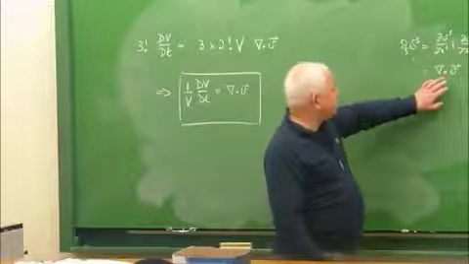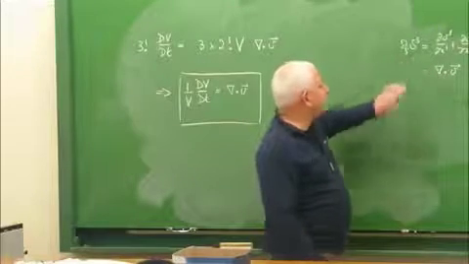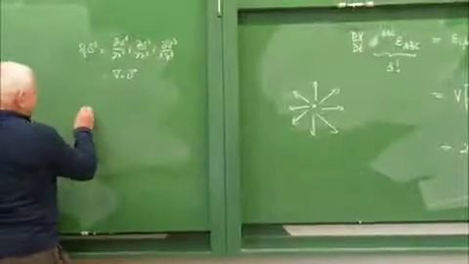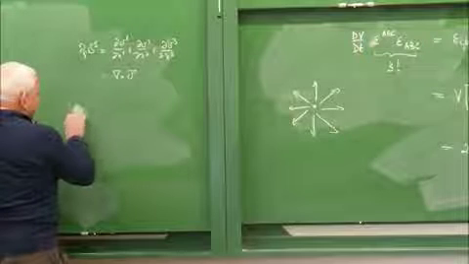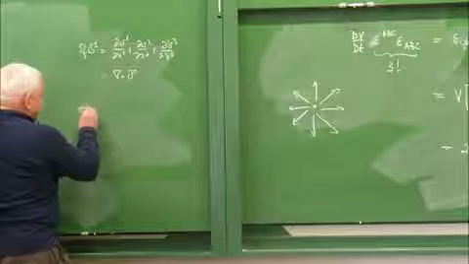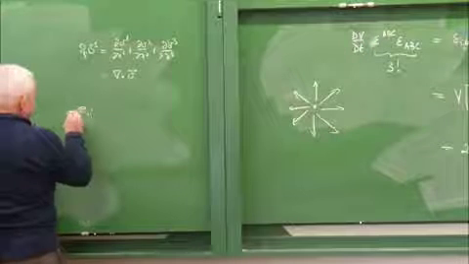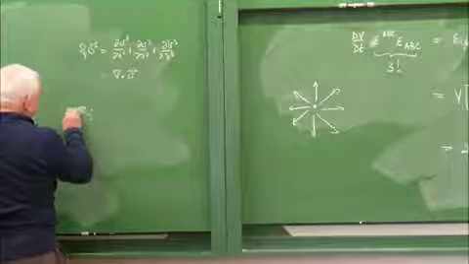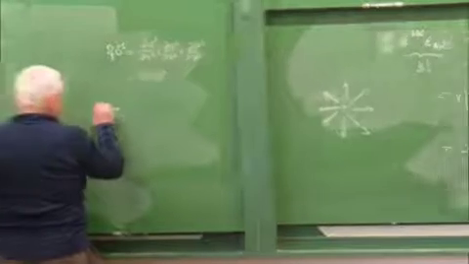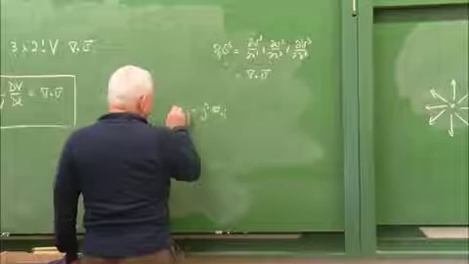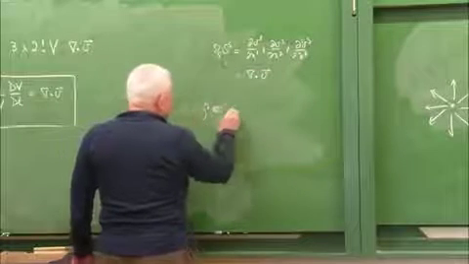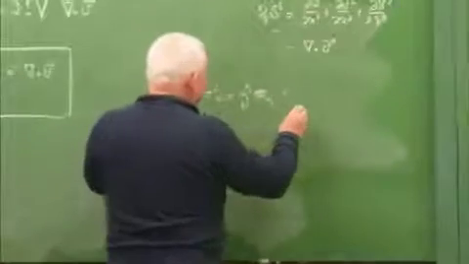Interestingly, this divergence of the vector field is also calculated from the tensor e_ij. If you contract the i and the j on this tensor, what is it?